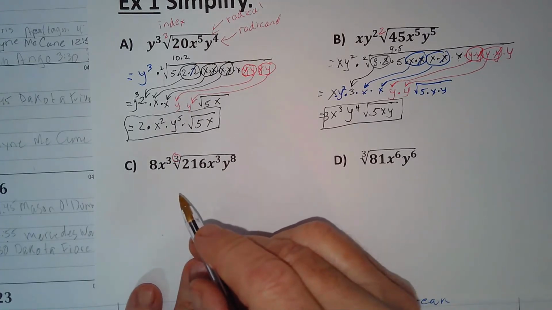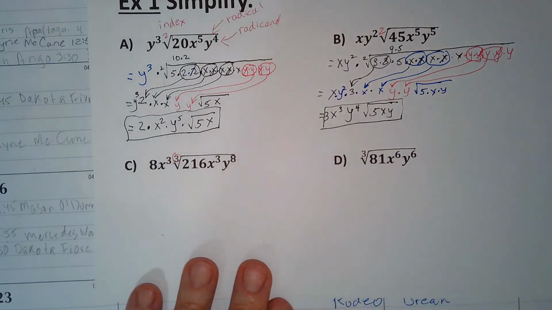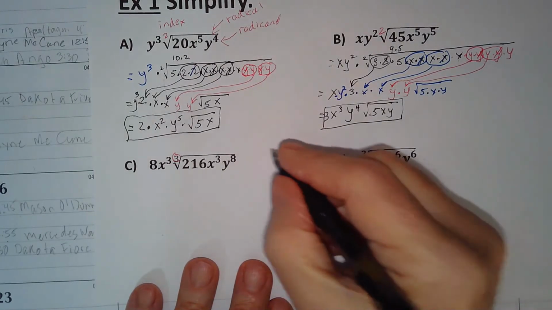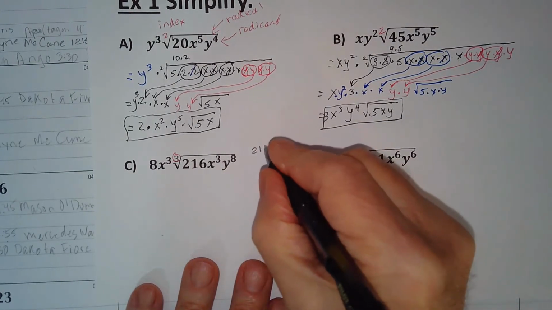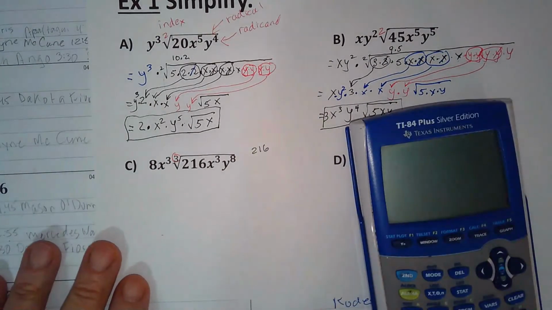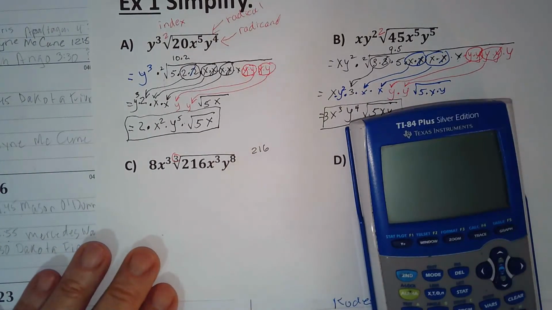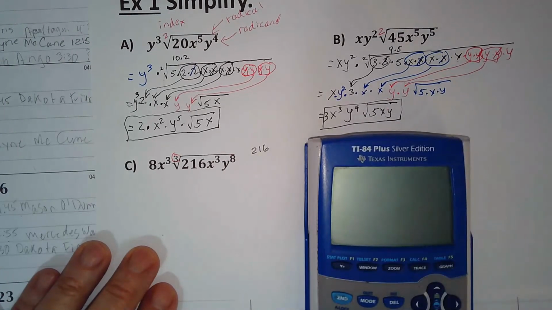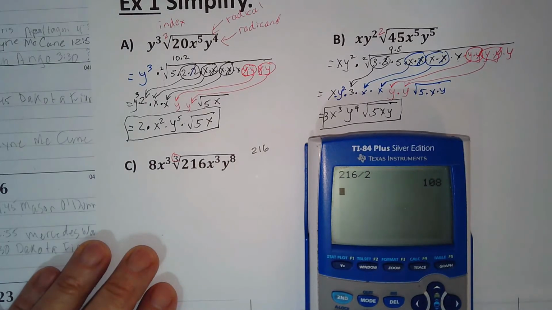So we've got to figure out what 216 is. Let's factor that. What does it factor into? I don't know. Let's try the calculator. Obviously, it's divisible by 2, so let's try that. 216, let's turn it on. Divided by 2, we get a remainder of 108.